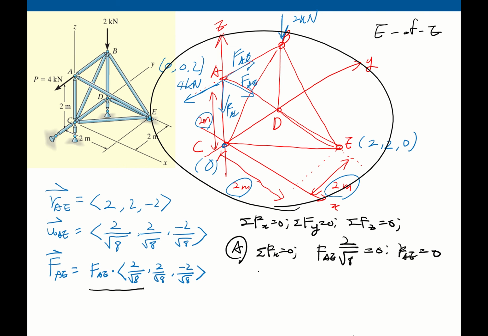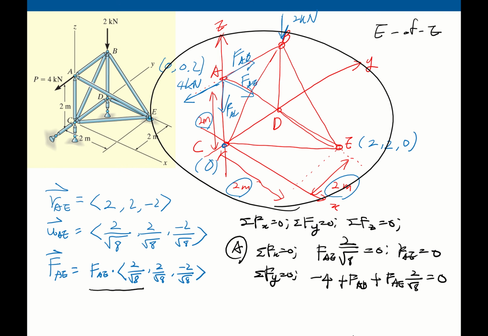How about the y-axis, sigma Fy equal to 0? For the y-axis direction, we have minus 4 kilonewton about joint A, and we have force AB. Also, we have a plus FAE component, which is a 0 force. But let me write down the full equation.